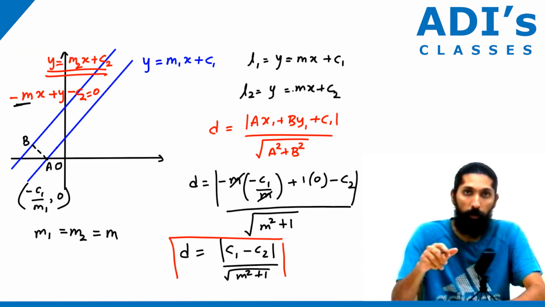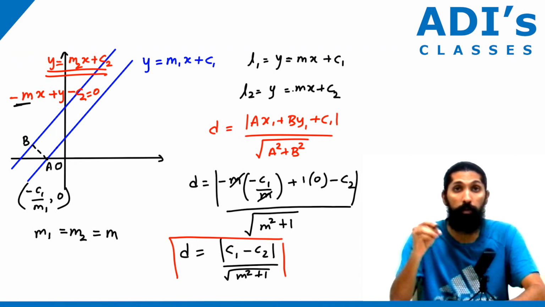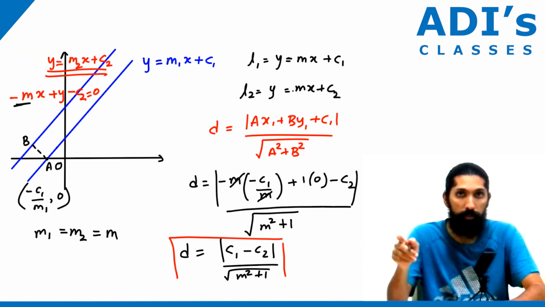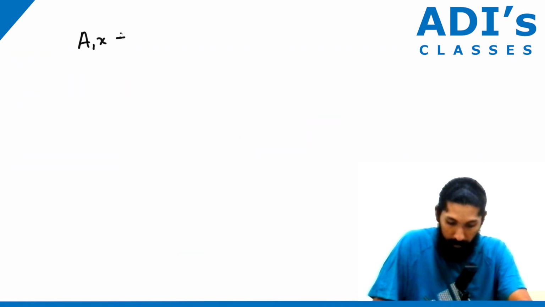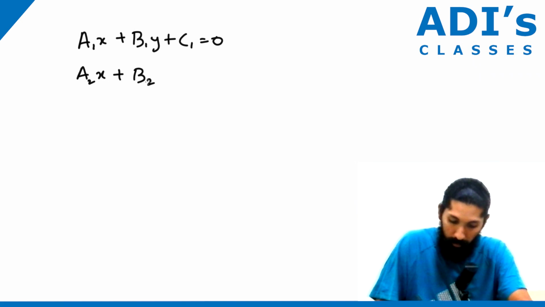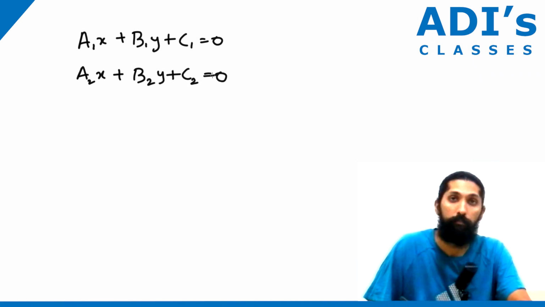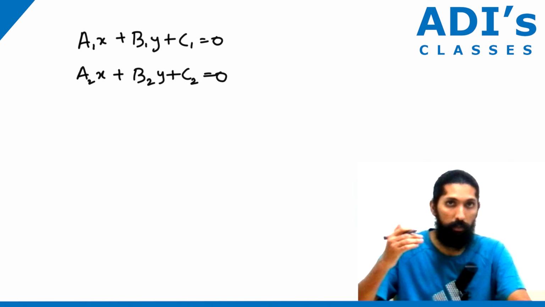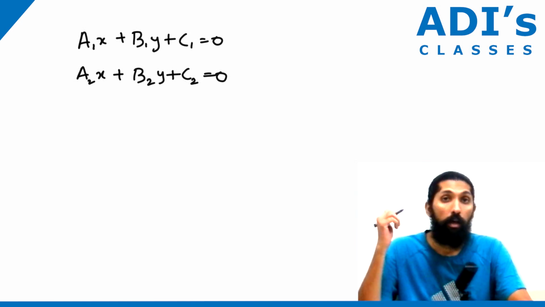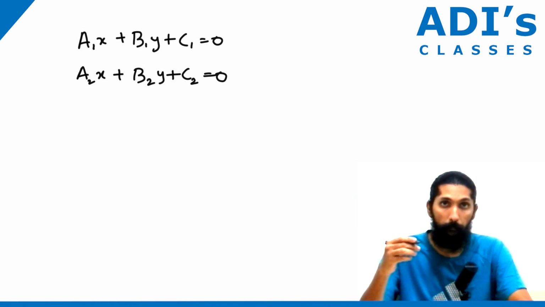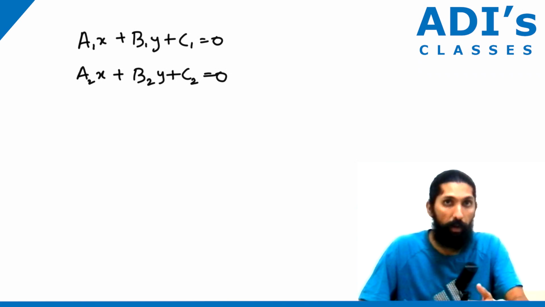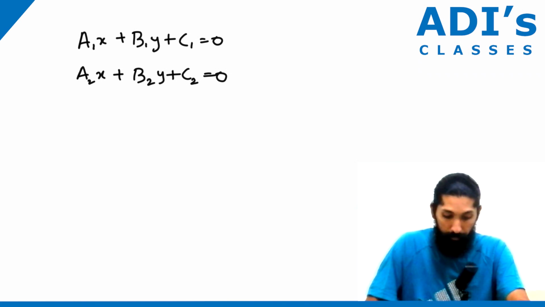Suppose you have the form a1x plus b1y plus c1 is equal to 0 and a2x plus b2y plus c2 is equal to 0, correct? These are two parallel lines. Remember, if they are parallel lines, then the a and b values will be equal.